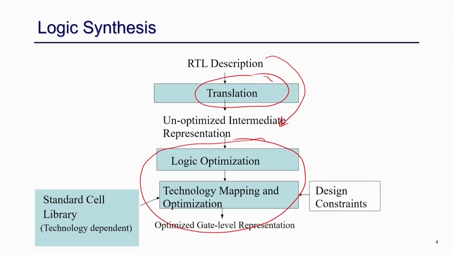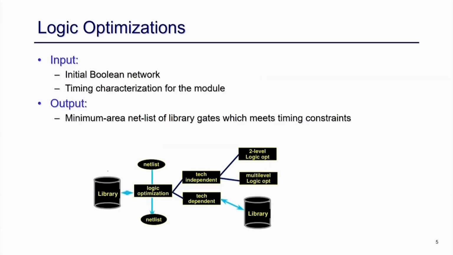So there might be different optimization goals, but overall the primary objective of logic synthesis is logic optimization. In logic optimization there are two types: one is technology dependent, and another one is technology independent. We will talk about technology independent optimization today.